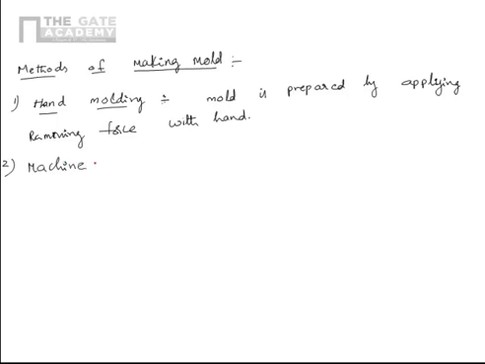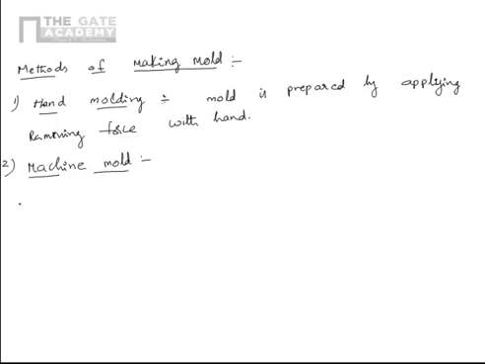For big, complex molds, you can't apply the force with your hand; you don't have enough force, and it will take time also. Instead you need to use a machine.